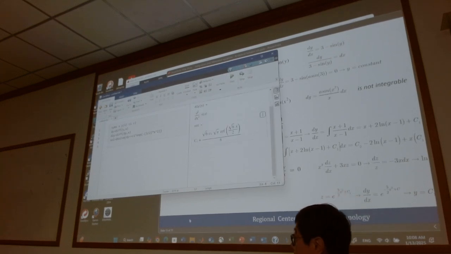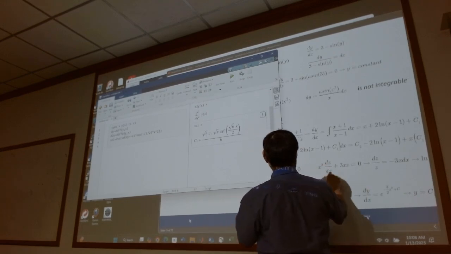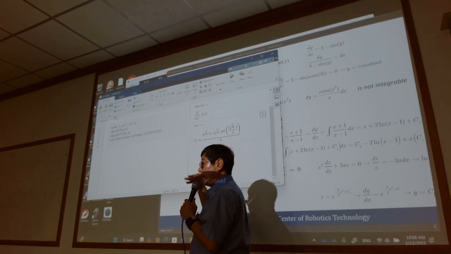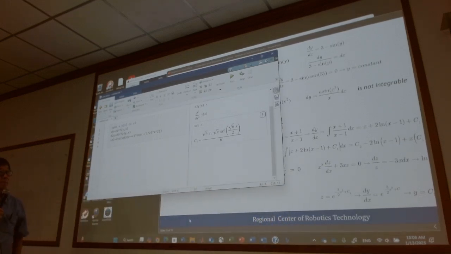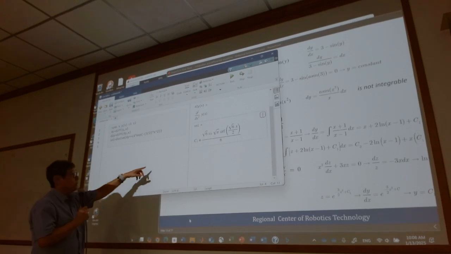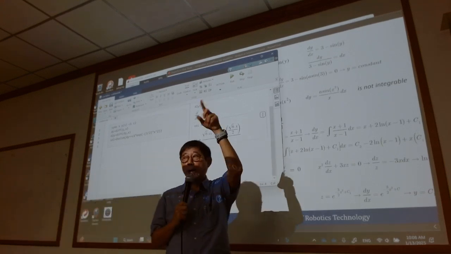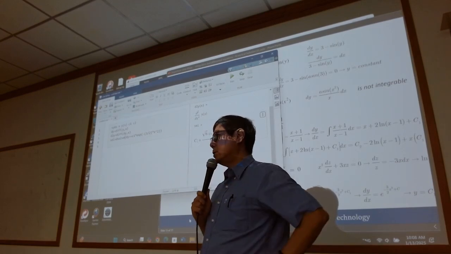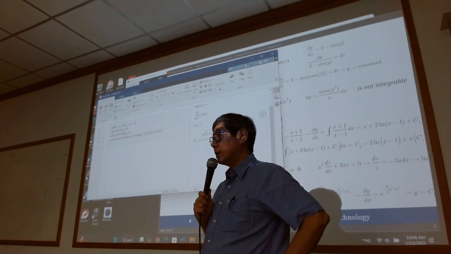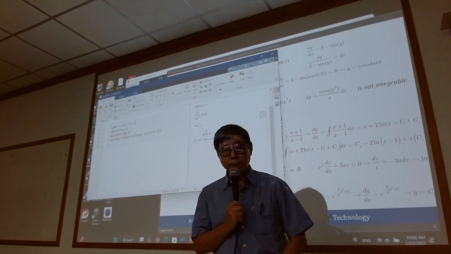Have this one. Just try to reduce the complication and you have the solution. Because they actually cannot integrate e to the x squared, not x squared, e to the x squared. That's another function.